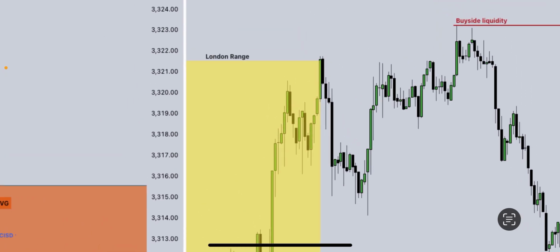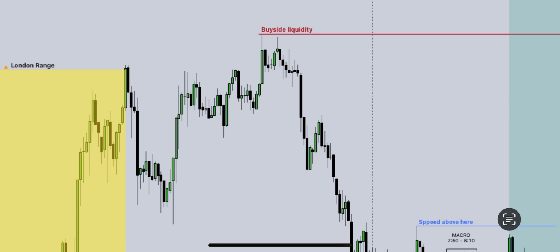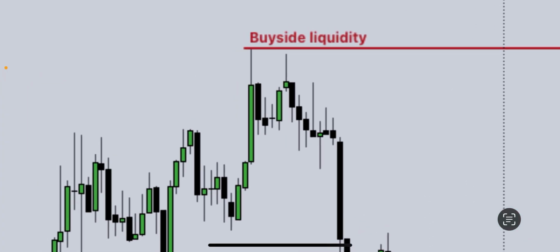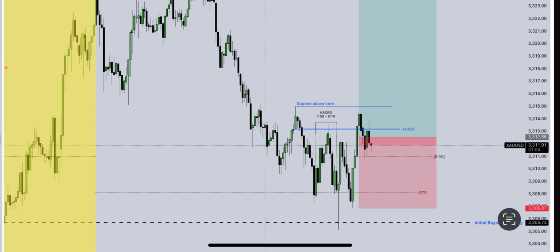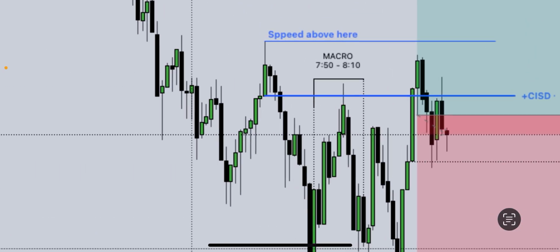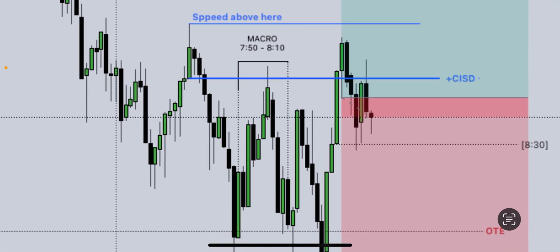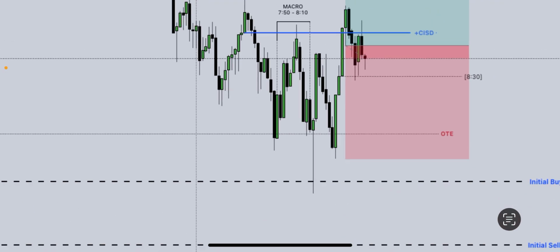This is the London range that I had measured, and then I was looking for these clean, relatively equal highs up here. And this is the sweep that occurred during this macro 750, and this is the 5 minute bullish change in state of delivery right there.